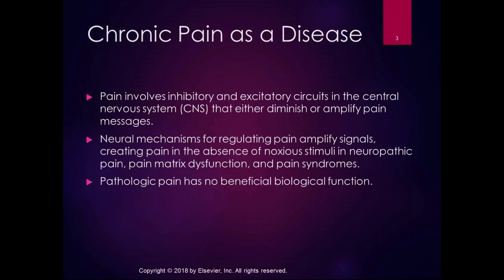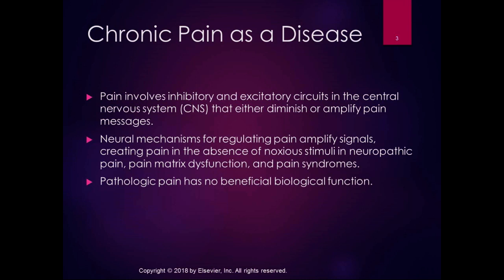And you can also have pain matrix dysfunction and then certain pain syndromes that result from these basically neural changes. So pathological pain has no beneficial biological function. So nociceptive chronic pain does have a biological function in that there is something causing nociceptors to be stimulated, and the effect of that has to be taken care of to get rid of the pain.